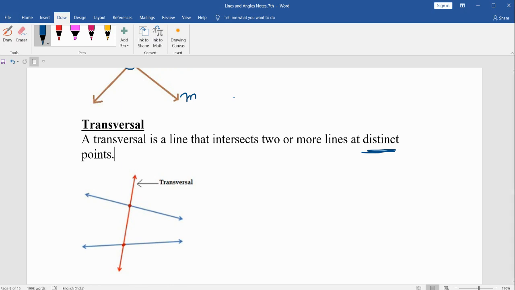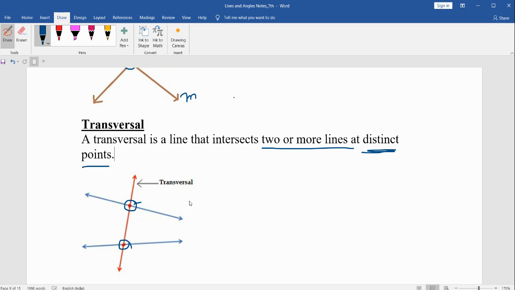So if you look at this figure, this is one point of intersection, and the other point of intersection is this. So there are two or more lines intersected at distinct points.